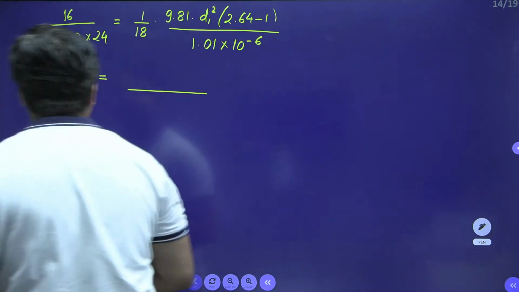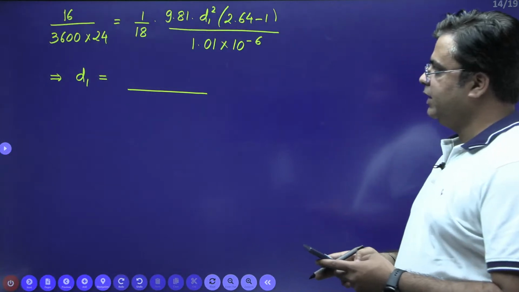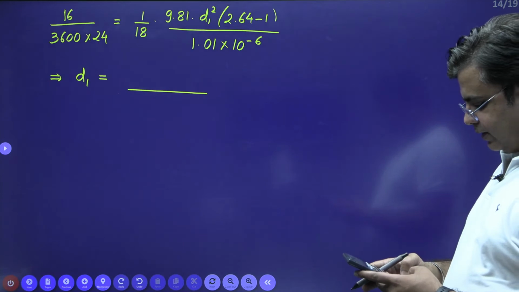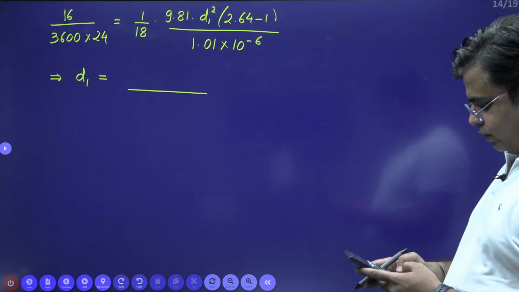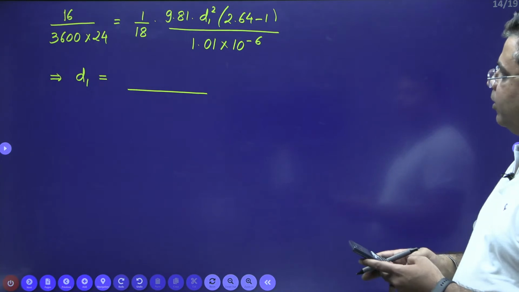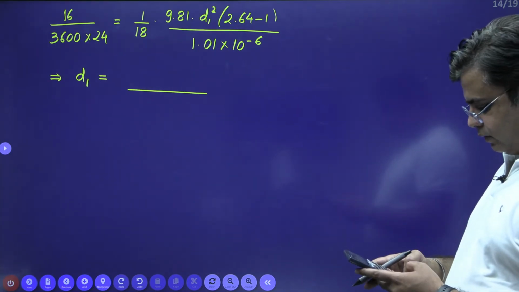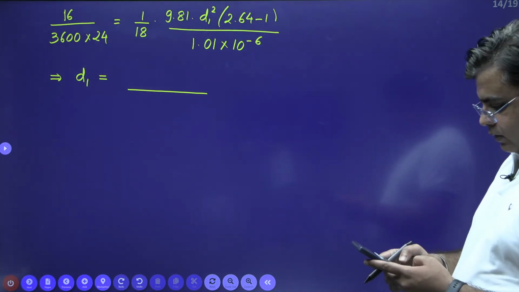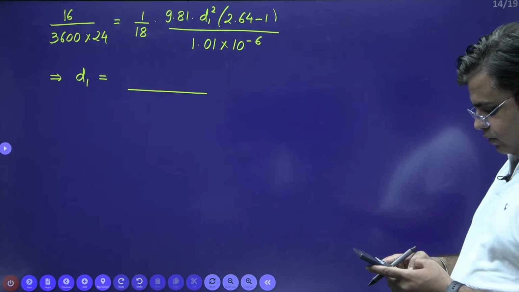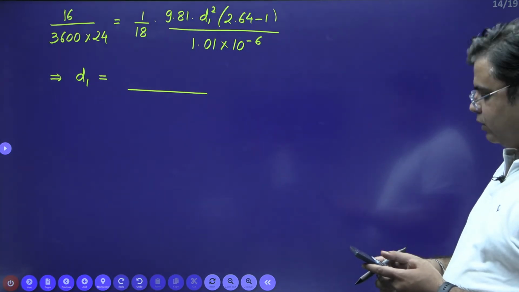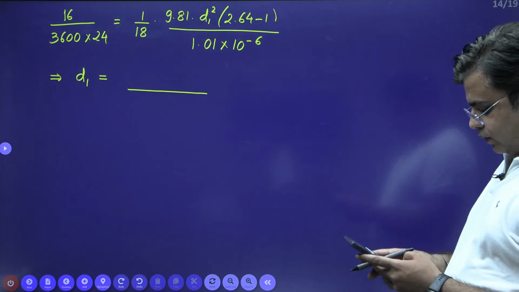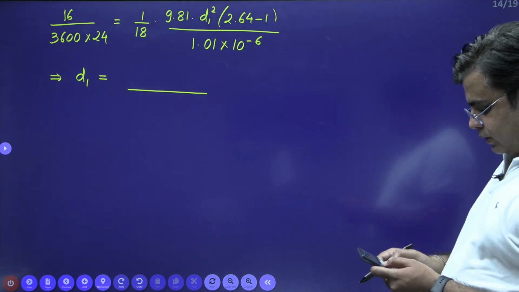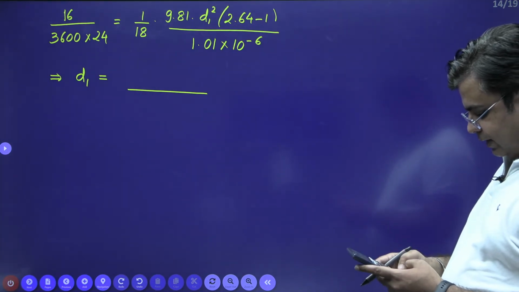Okay, I'll solve with you. So this is 16 into 18 divided by 3600 divided by 24, multiplied by 1.01, then divided by 9.81, then divided by 1.64, multiplied by 10 raised power minus 6.